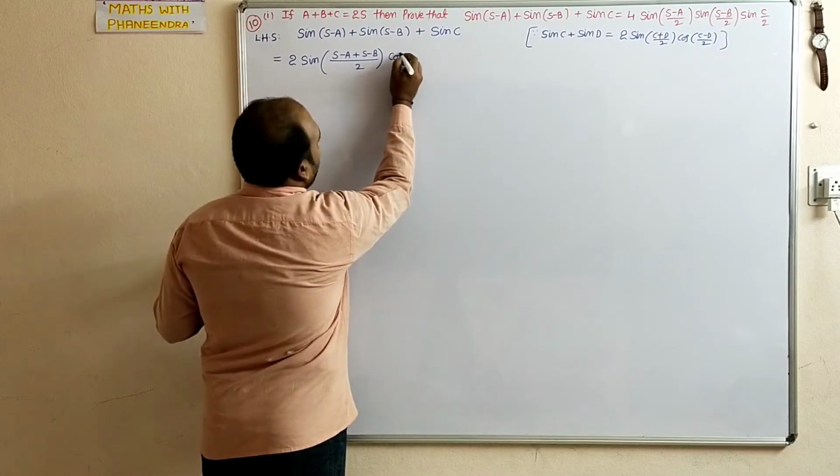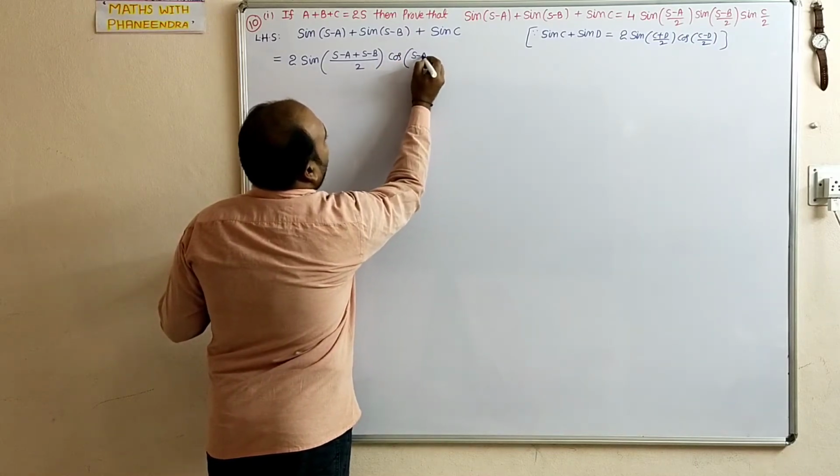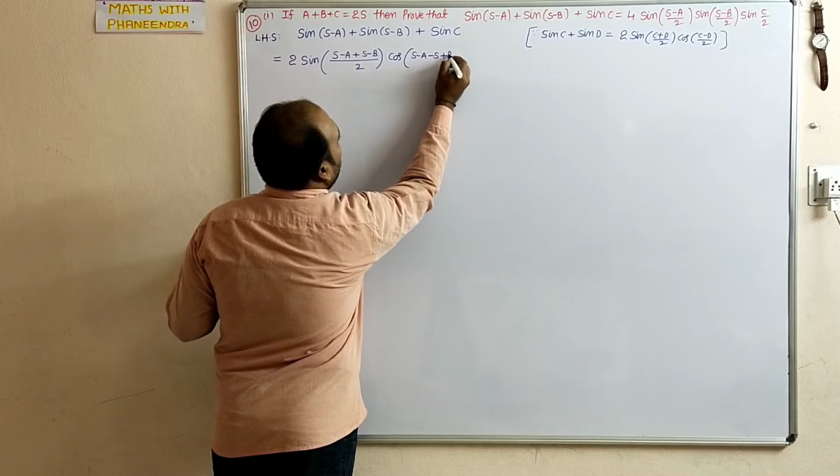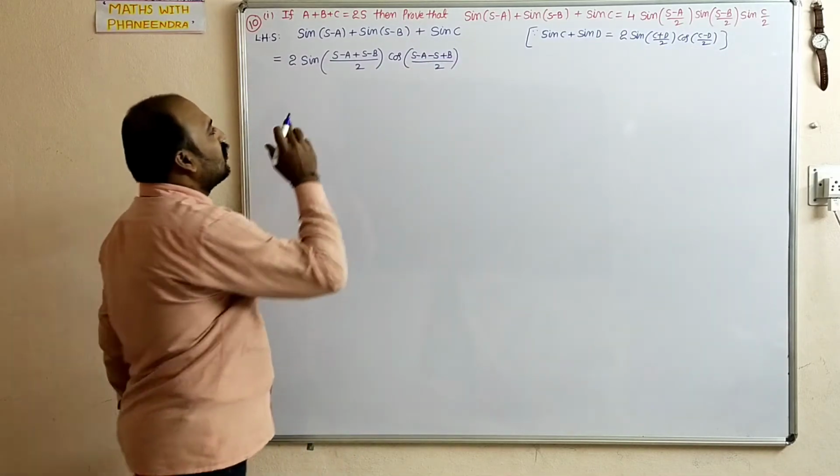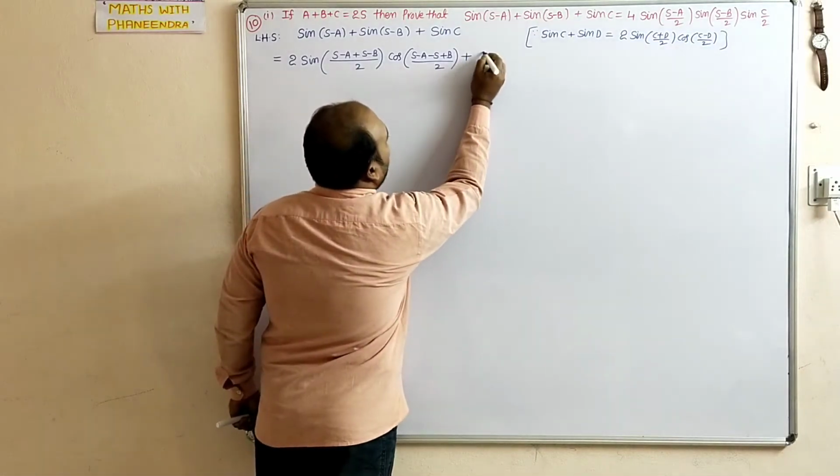Cos of s minus a minus s plus b divided by 2, plus sine c.